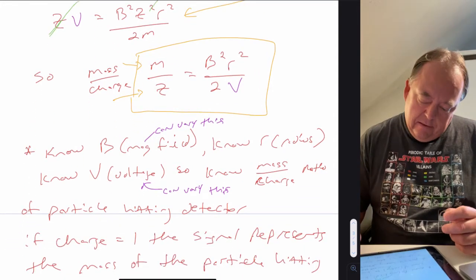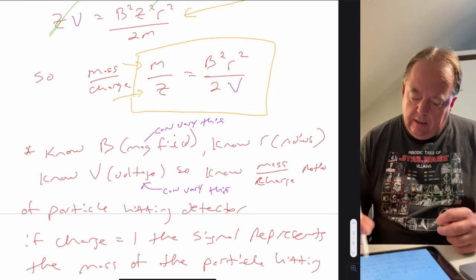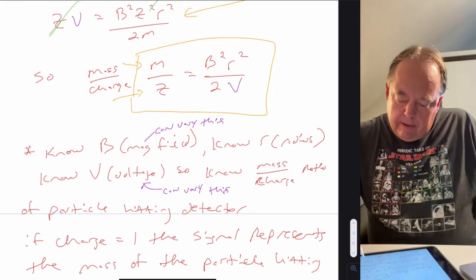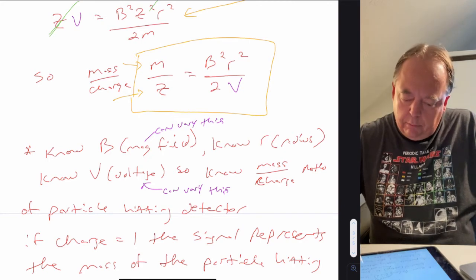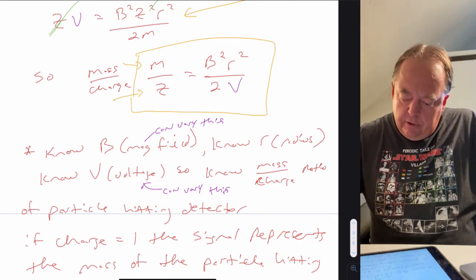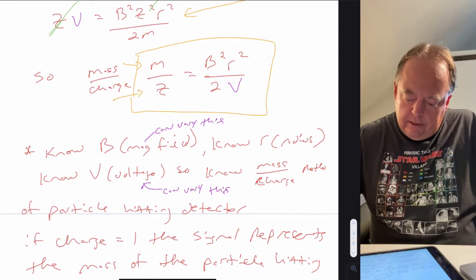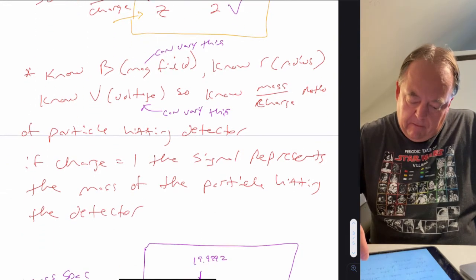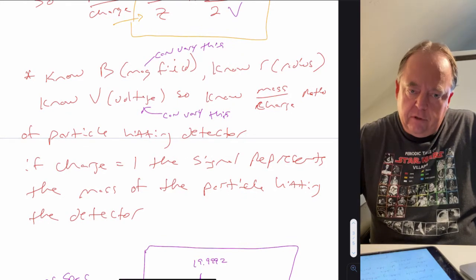And you know the voltage, and you can vary that. So since you know the magnetic field, the radius, and the voltage that you apply, you can calculate the mass to charge ratio of whatever particle is hitting the detector. And you can make everything hit the detector because you can change the magnetic field and you can change the voltage.